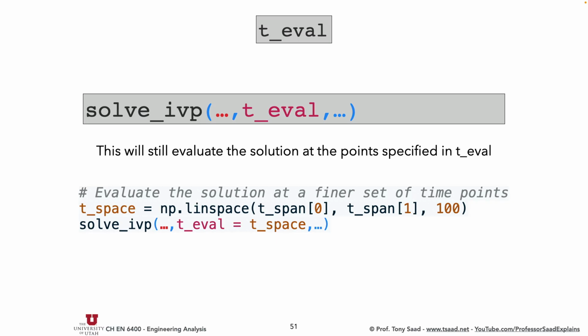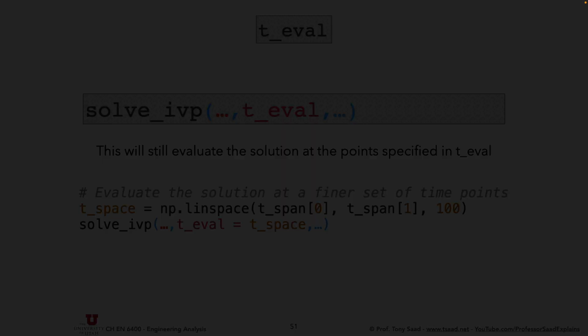You cannot go for less points or more points. Okay, it needs to be bounded by those two. And then you specify how many points you want. So in this case, I'm creating a new space for the dense output, and for t-eval, I'm saying create a linspace of 100 points from t0 to t-final, and then pass this as an argument in the integrator.